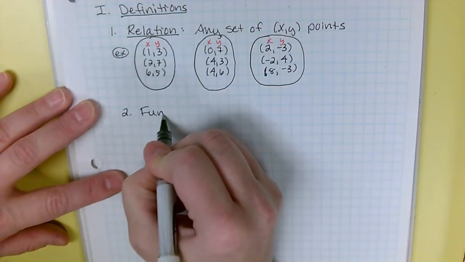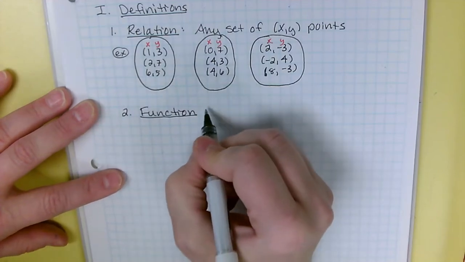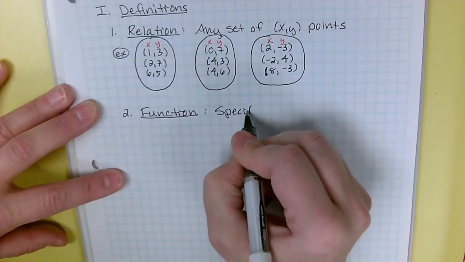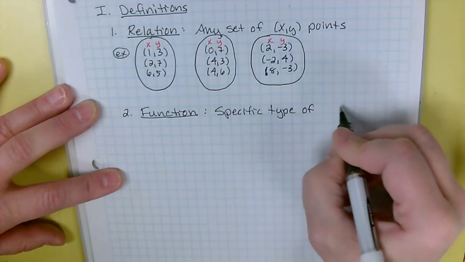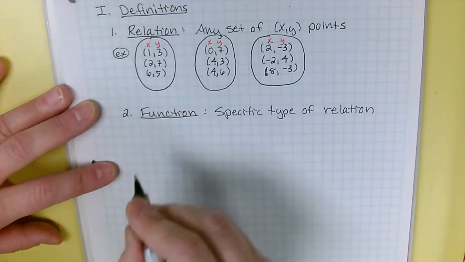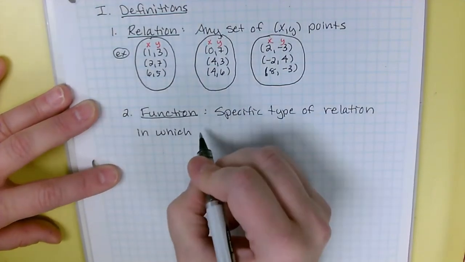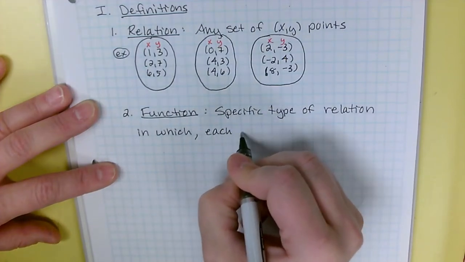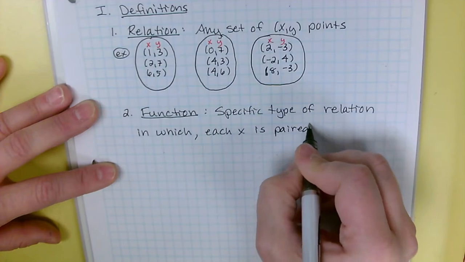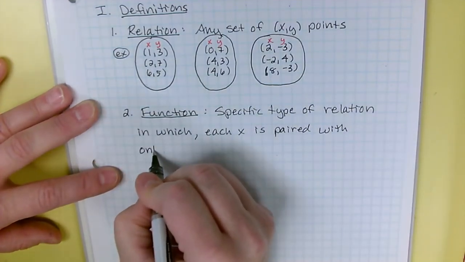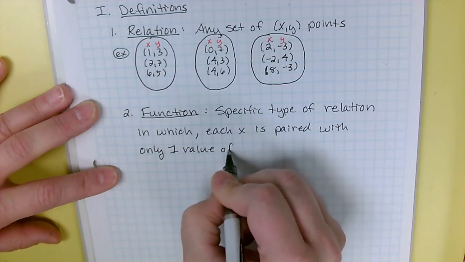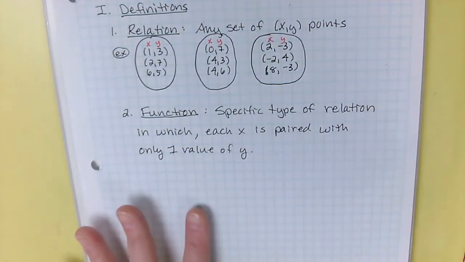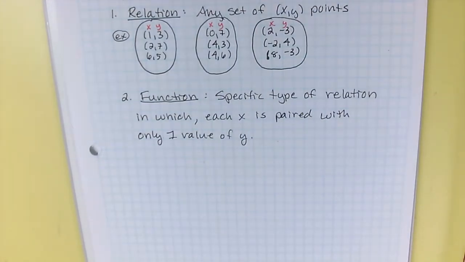So our second term is a function. And a function is a specific type of relation in which, and this is the key part, each X is paired with only one value of Y. Now, when it comes to being a function, we don't actually care what the X is.